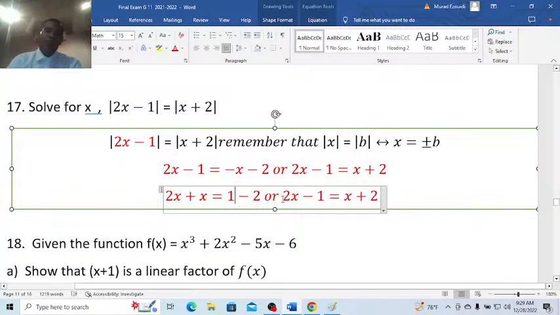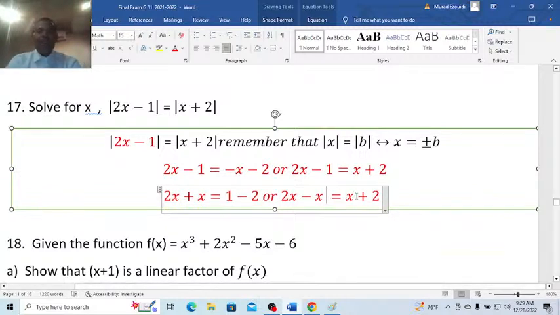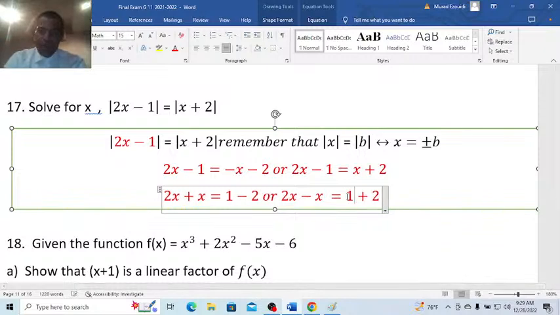When it is transferred, it will be minus x. Then minus 1 comes to be positive 1. Positive 1 means you are going to collect like terms. Therefore 2x plus x equals minus 1.